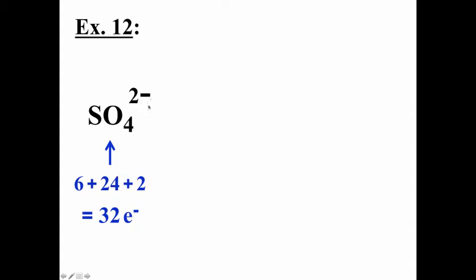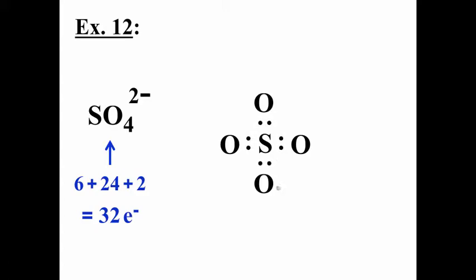And then there's a -2 charge, which means 2 further electrons, so 32 valence electrons to put around the sulfur in the center and 4 oxygens around it. 2, 4, 6, 8 for bonds, and then we start filling in electrons around the oxygens to make octets and count carefully, and eventually we get to 32.